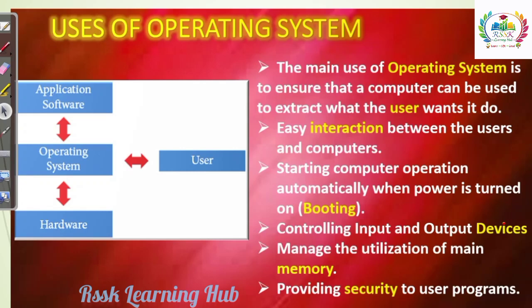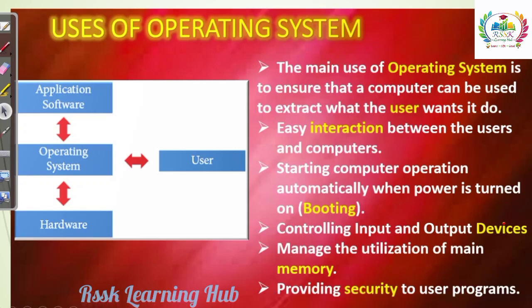As well, when starting your computer, the operating system automatically handles booting. Controlling input and output devices is done using your OS, then managing the utilization of main memory, and providing security to your user programs. Everything is controlled using the OS concept.